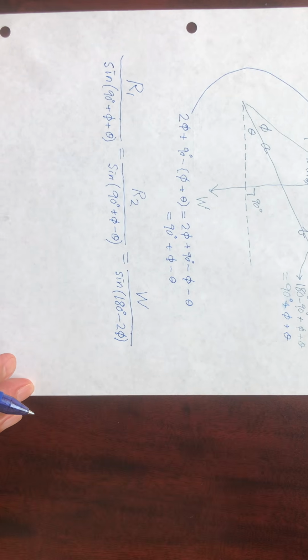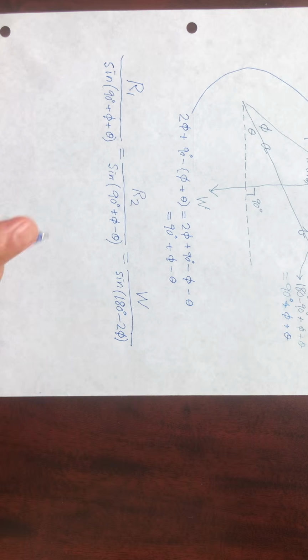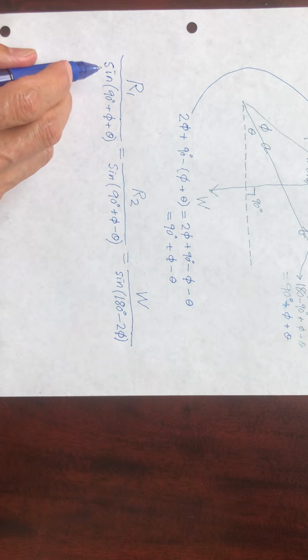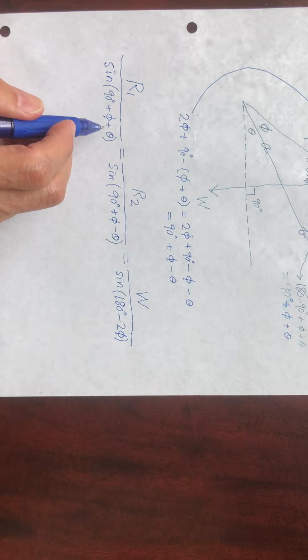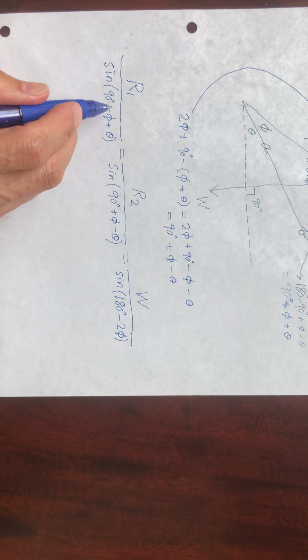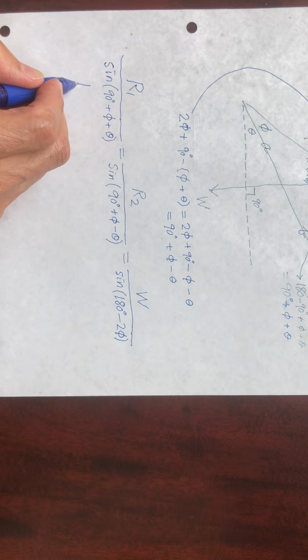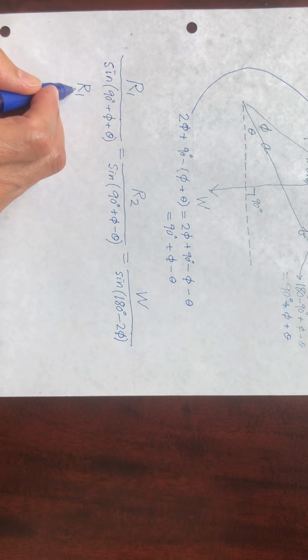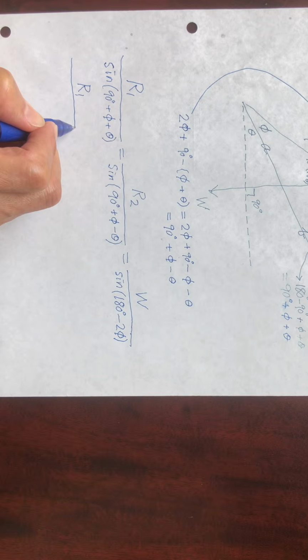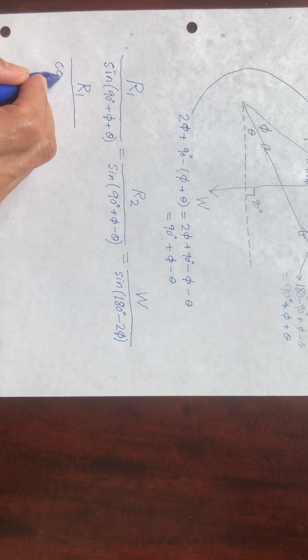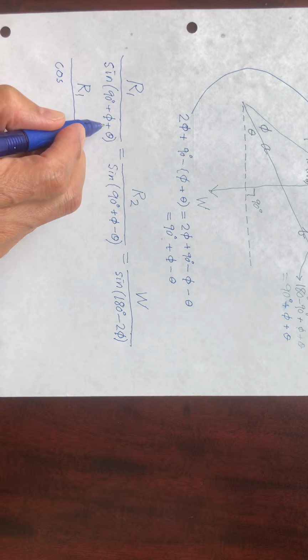Now I use trigonometry identities. Sine 90 plus something is cosine of this. Therefore, this is cosine of phi plus theta.